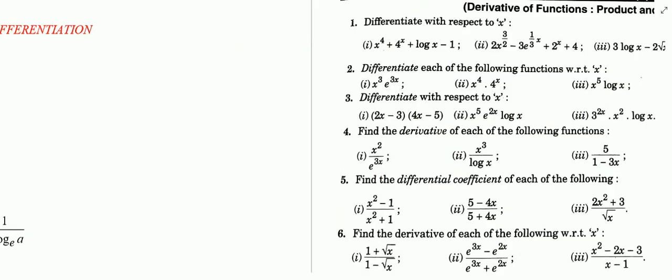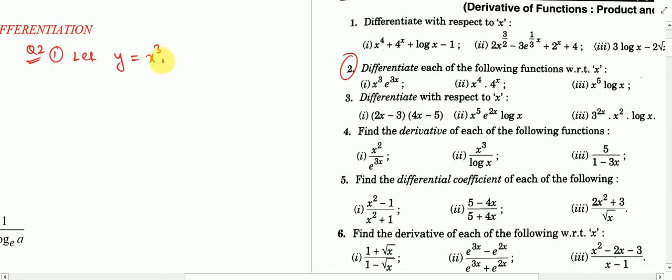Okay, now see question number 2. Here it says differentiate each of the following function with respect to x. First one is this. So question 2.1. Let y equal to x cube into e to the power 3x. So here you can see that we don't have any direct formula for this.